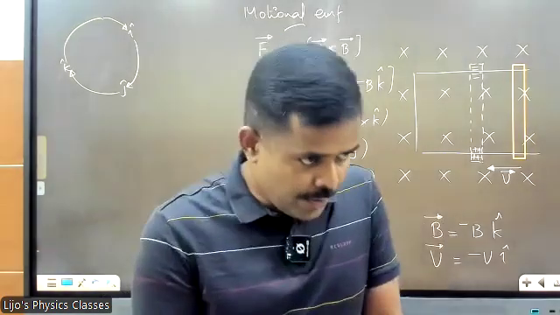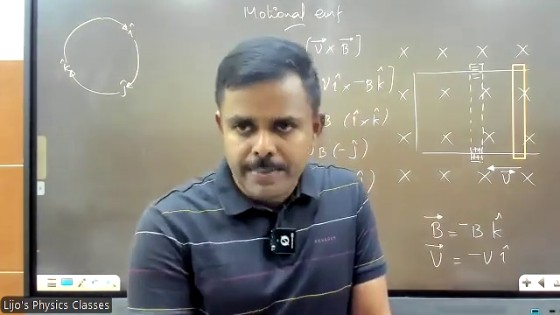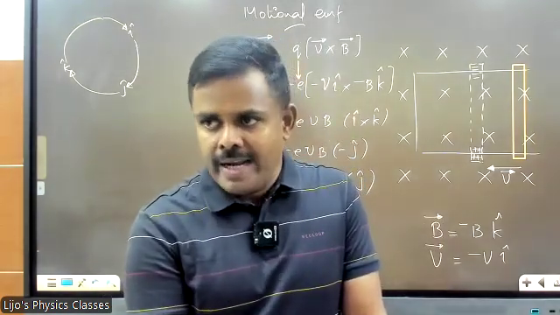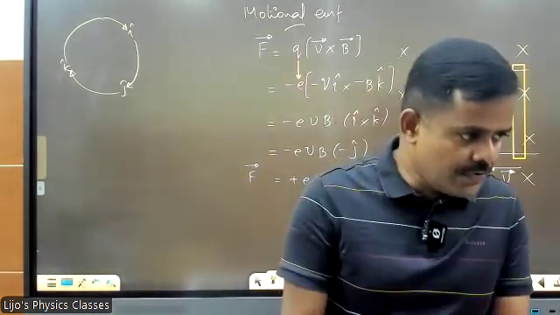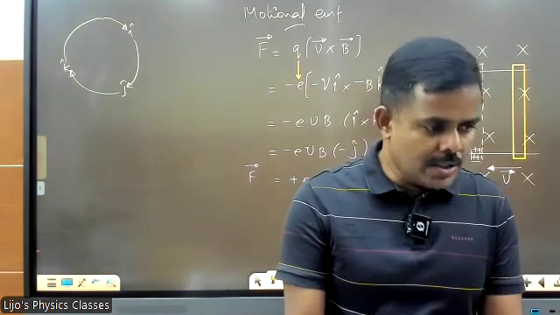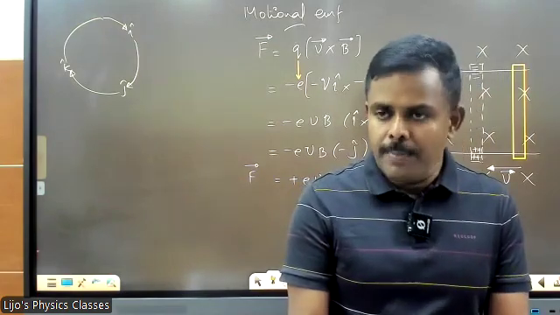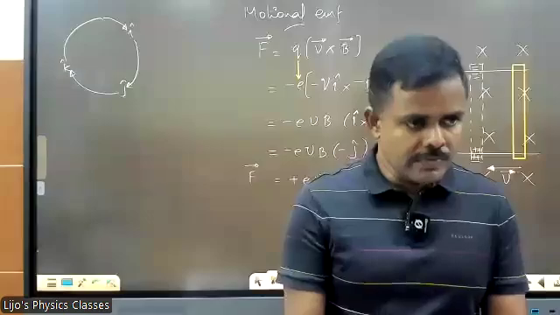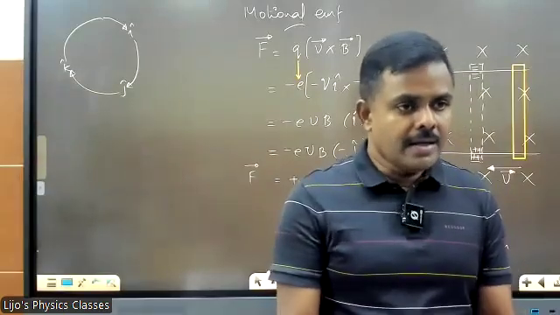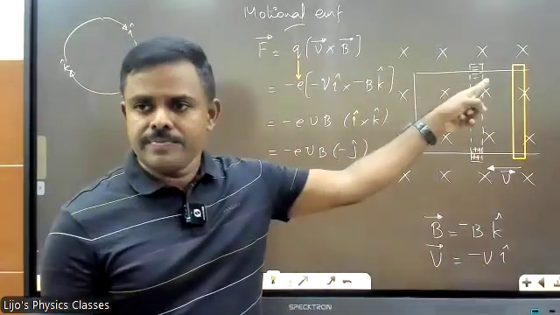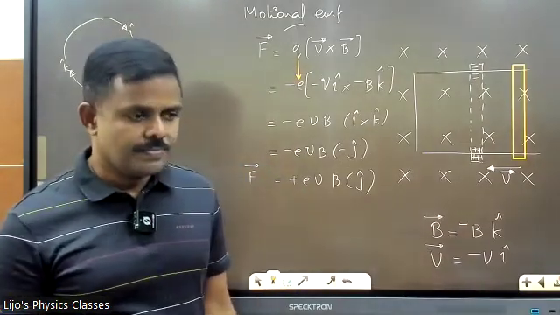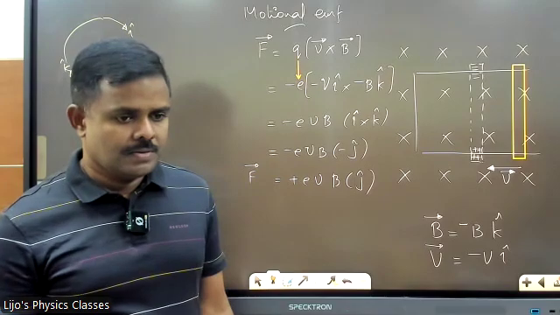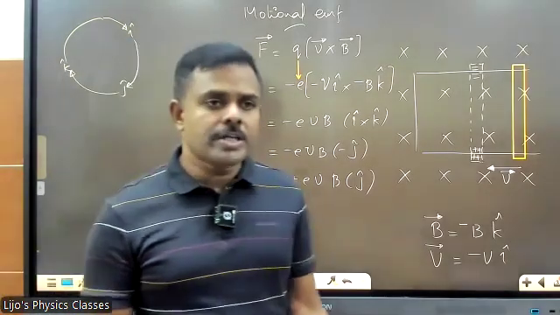Due to this force, electrons will move up, leaving the top end negative and bottom end positive.